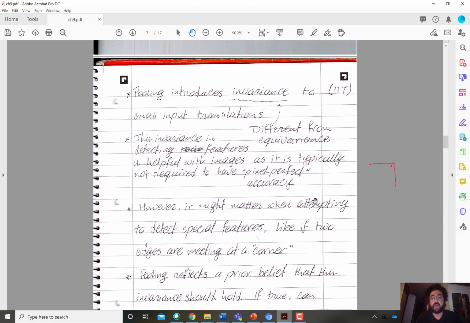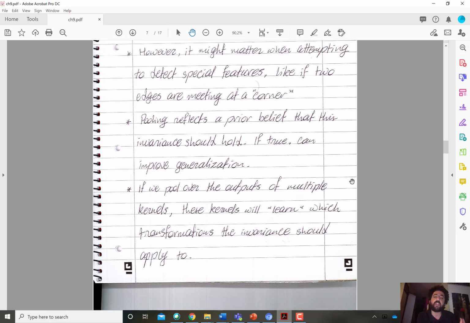Now, another very useful feature of pooling is that you can pool over the outputs of multiple kernels. So let's say I have in my layer more than one kernel. I have 3 kernels, and then I pool over the outputs of these 3 kernels, right? That could be very useful because the invariance now is not necessarily invariance to translation. In fact, the kernels will learn what transformation the invariance should be applied to.